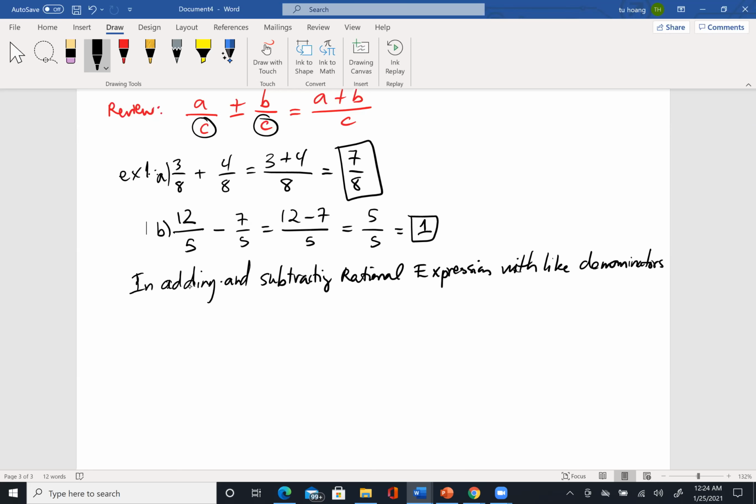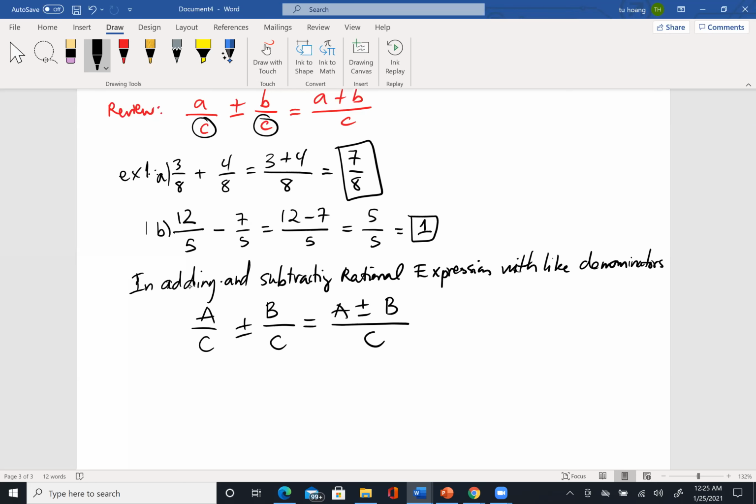I'm gonna still follow A over C plus or minus B over C, here going to be equal to A plus or minus B over C, right?